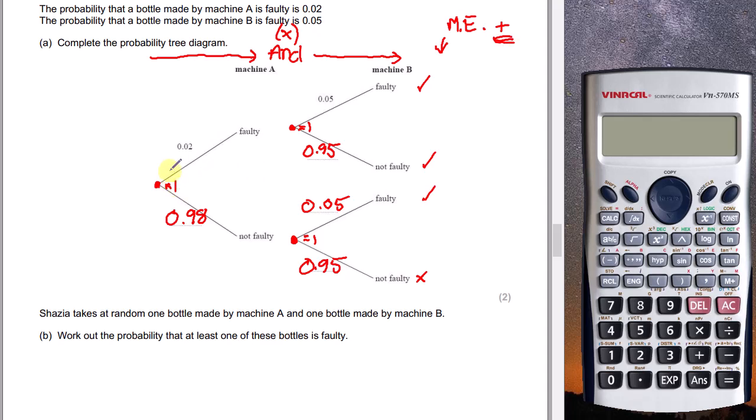So I now need to do the calculation. We've got 0.02 times 0.05. Oops, my calculator's on a funny mode, so let's see if we can get it into normal calculator mode.